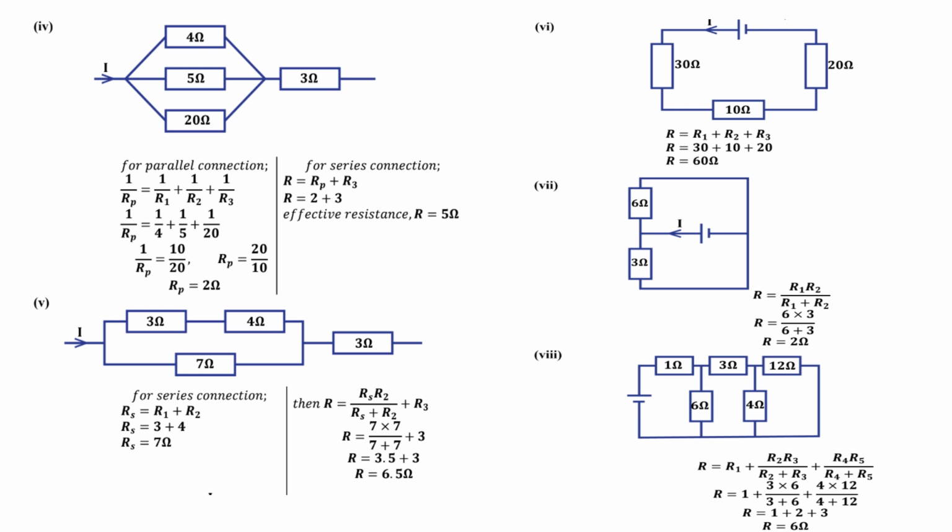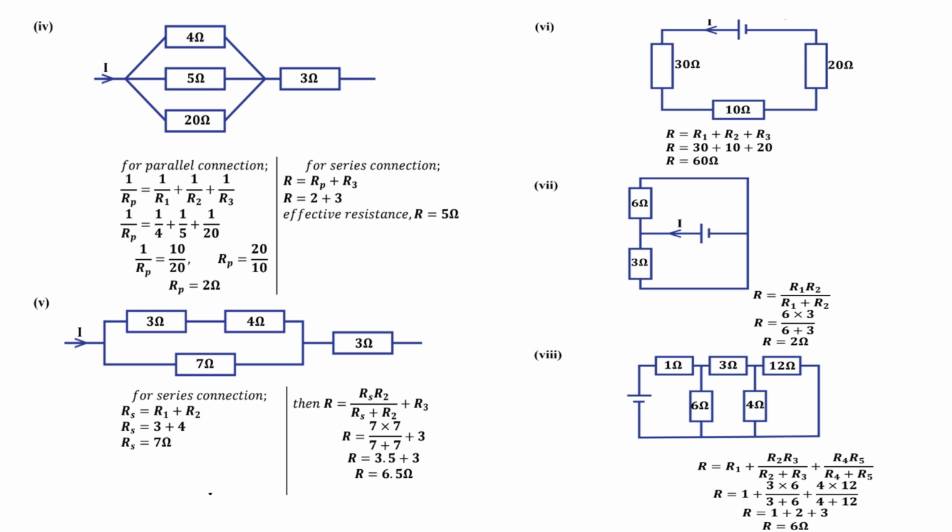So let's finalize the last one. Of course, the effective is going to be 2 ohms. Then the last circuit seems to be a bit complicated, but you can break it in different ways. 6 and 4 can be parallel, they reduce to 1. There are very many ways of reducing this depending on your choice.